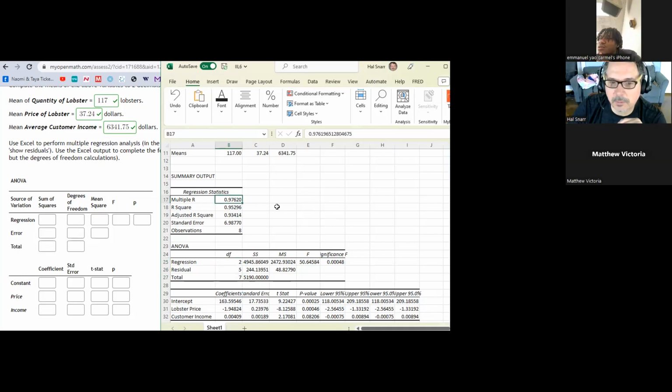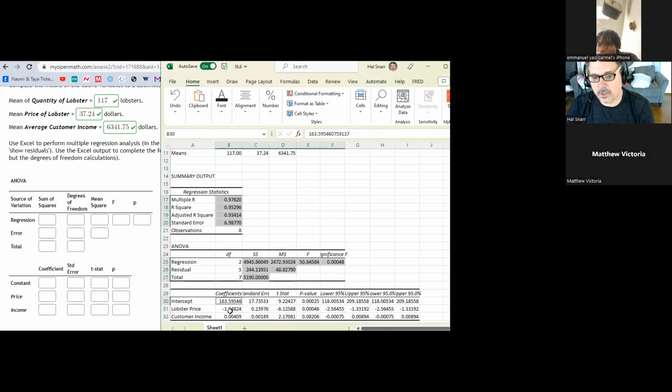So click on multiple R like this. Don't double click it, just single click it. Hold down your command button and then click the numbers below it like that. Highlight the ones below SS, MS, F, and significance F, one at a time.